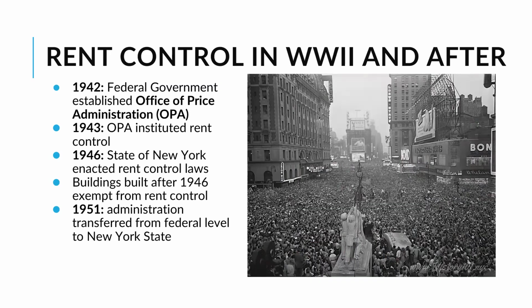So in 1942, the federal government establishes the Office of Price Administration, and then OPA institutes rent control the next year because of threats of a rent strike and also the Harlem riots. They were afraid of more civil disturbance. So then New York State actually picks up the tab on rent control administration in 1951.